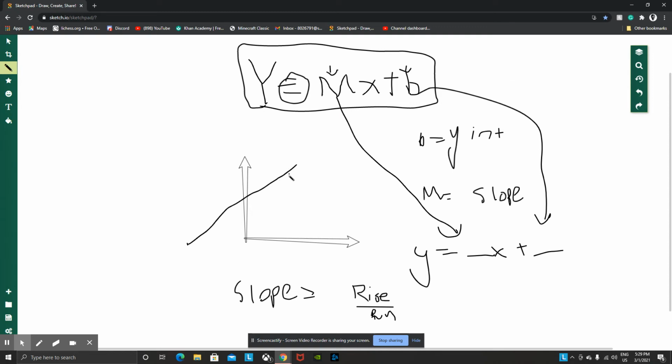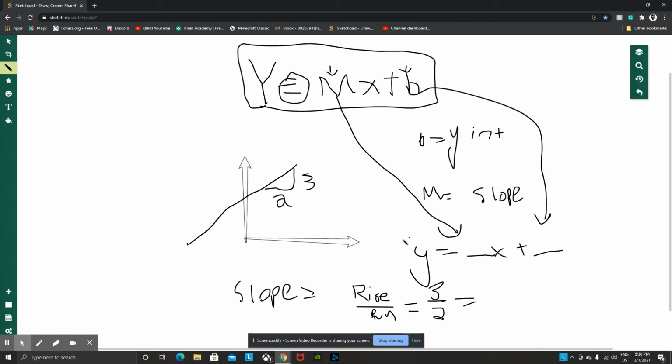So let's just say this one ran 2 and rose 3. So we know run is 2, so that would equal 2 in fraction form, because that's where run is, and rise is 3.